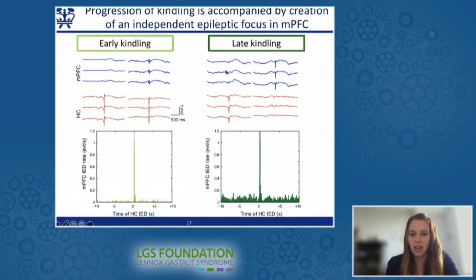But late in the Kindling, what we found is that there were many, many times when the IEDs in the hippocampus occurred and there were separate IEDs in the MPFC. If you look at the cross-correlogram, a lot of the activity still occurs together, but there's all of this activity outside here, which is independent MPFC interictal activity. So this suggests that we've actually recruited another brain region, perhaps similarly to what we saw in the previous talk.